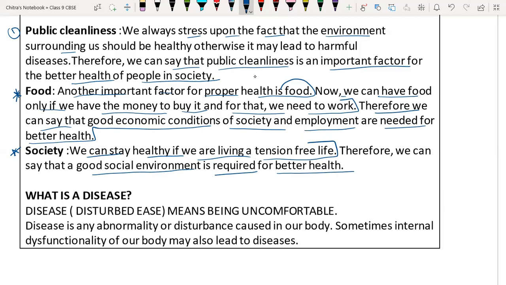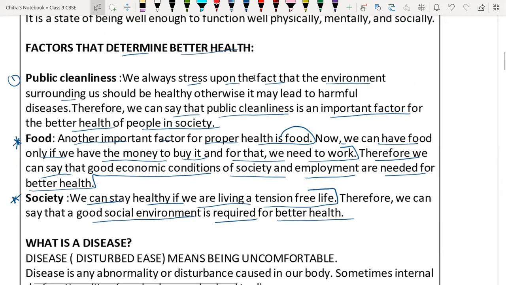That's why, in order to be healthy, we have to live in an environment where harmony is maintained, public cleanliness is maintained, and people are economically strong enough to buy their food and other belongings. So these are the three important factors which directly affect the health of the person and society. Is it, everyone?